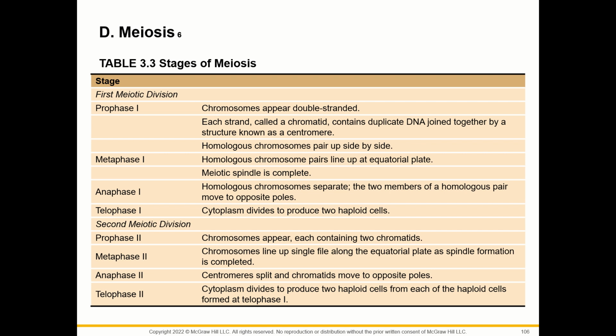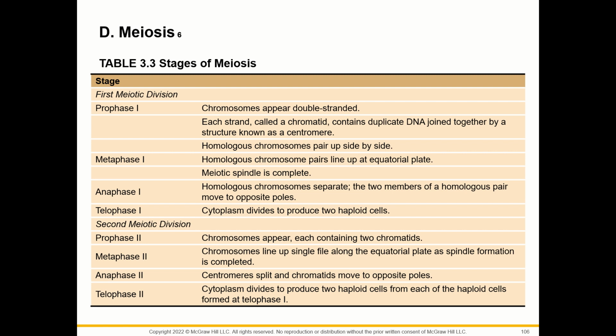We're going to do reduction division. So once we pair them up side by side, now we've got to split them apart. So in anaphase 1, the homologous chromosomes separate. The two members of a homologous pair move to opposite poles. In telophase 1, cytoplasm divides to produce two haploid cells.